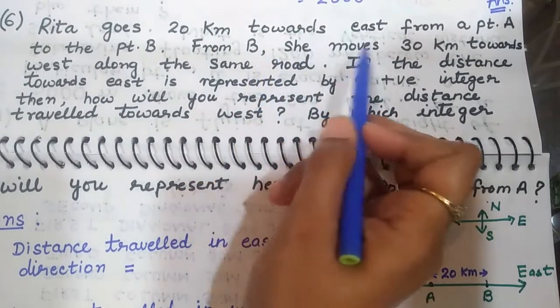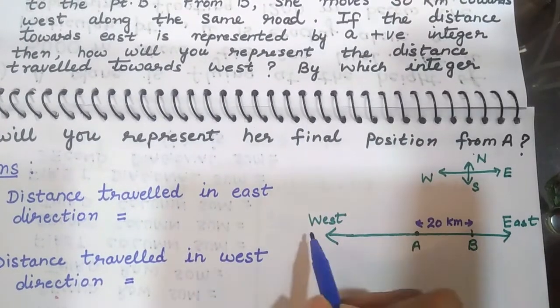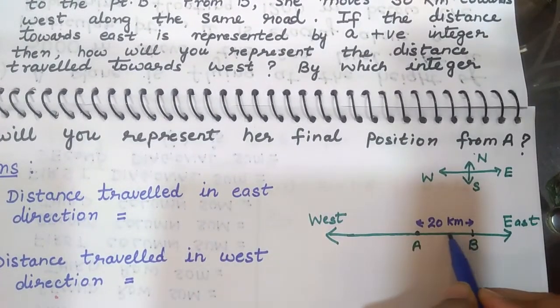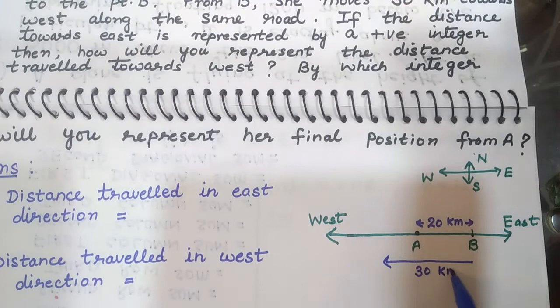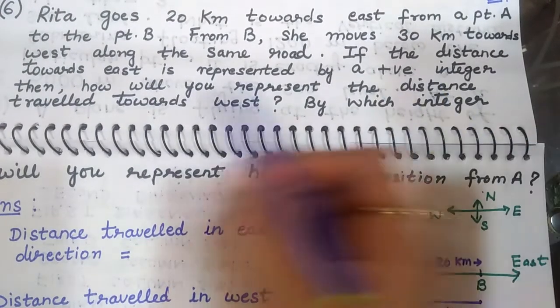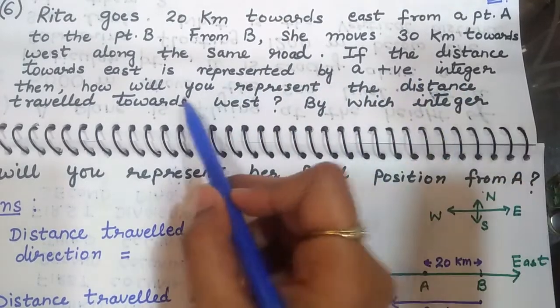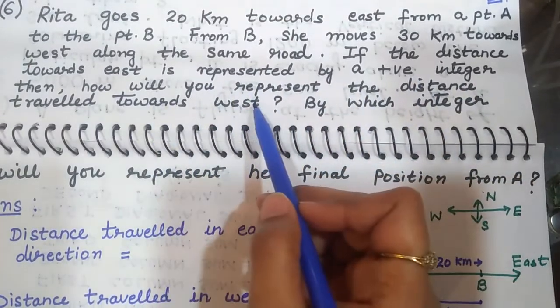From B, she moves 30 kilometer towards the west along the same road. Means the road is the same. So from B, now she is moving towards the west direction 30 kilometer, means this distance, and she reaches here. If distance towards east is represented by a positive integer, then how will you represent the distance towards west?